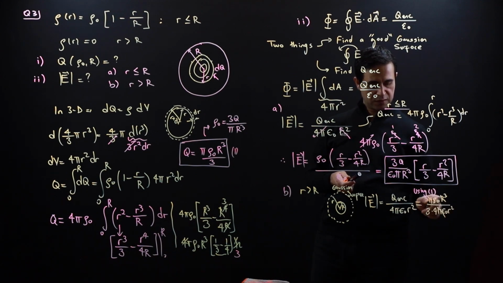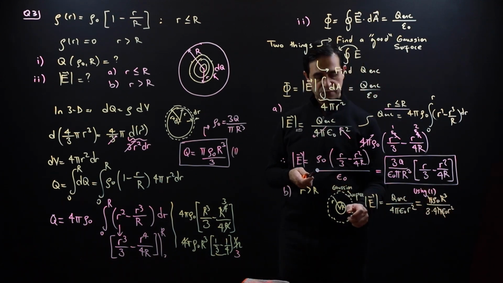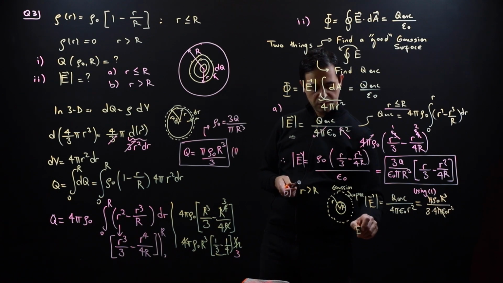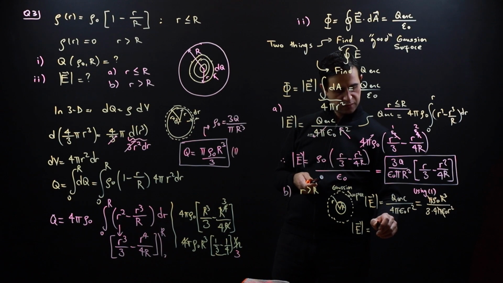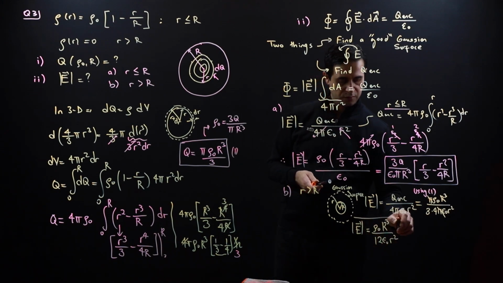So there's this nice cancellation of pi's, and the final result will be the magnitude when r is greater than R. That will be rho 0 R cubed divided by 12 epsilon 0 times r squared. Okay?